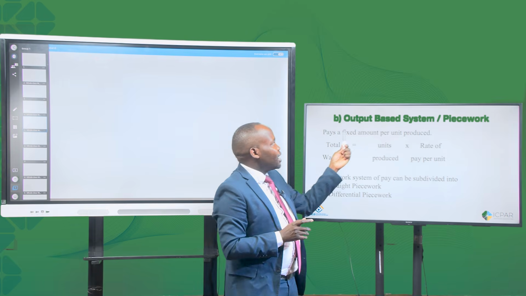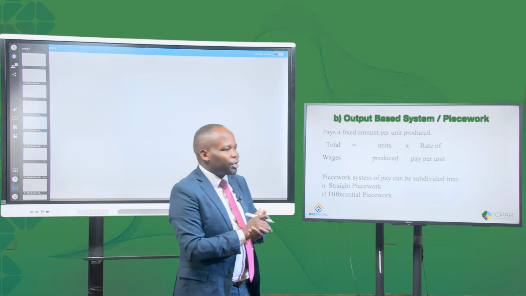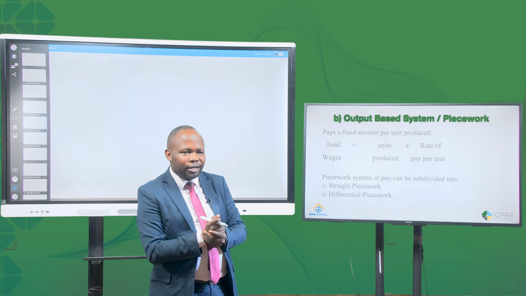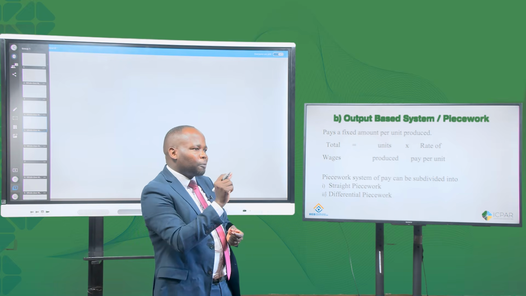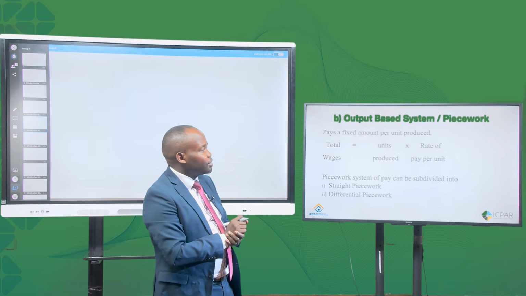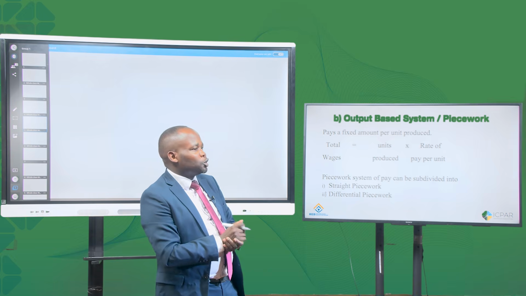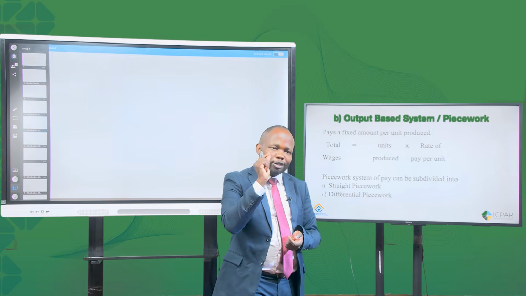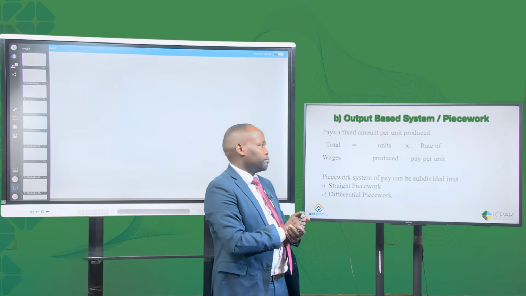So let's go to the second one, the output-based remuneration system. Under the output-based remuneration system, you are paid according to the number of units you have produced.